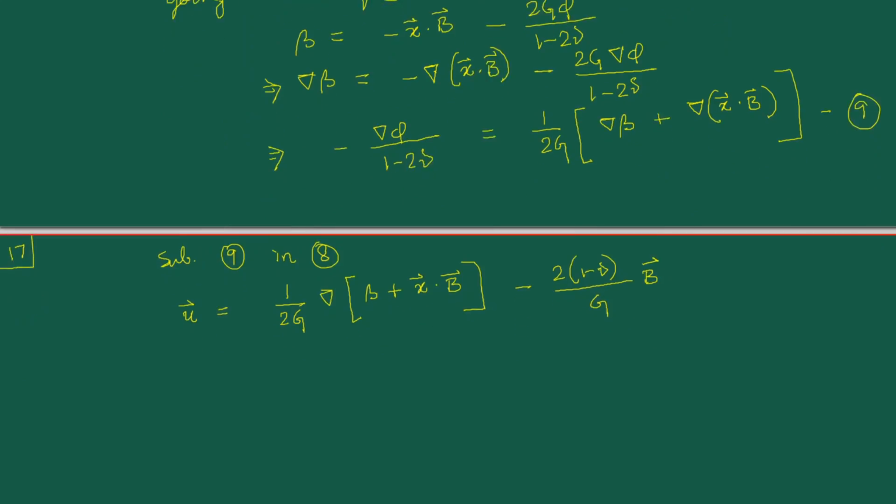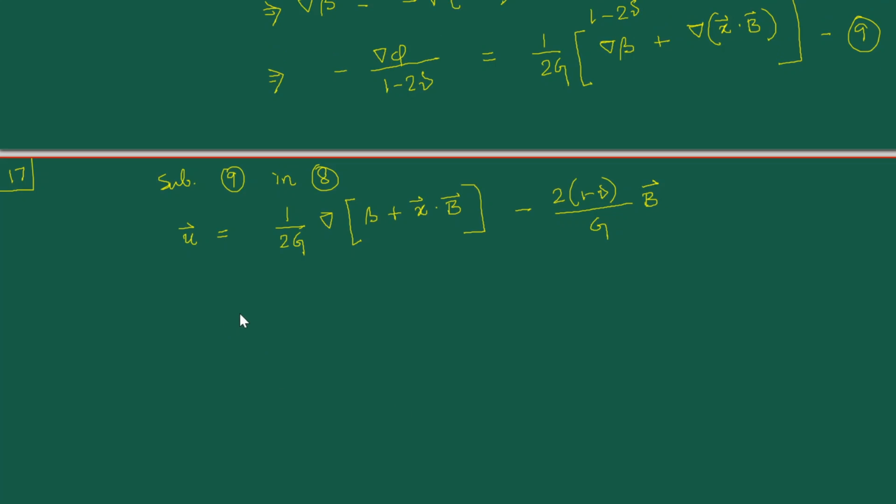And as a last neat step, I would like to take this 1 by twice g common, as I have been doing. The motivation is to have this 1 by 2g factor outside, just like we had in the case of the Lame's strain potential as well as the Galerkin vector potential.